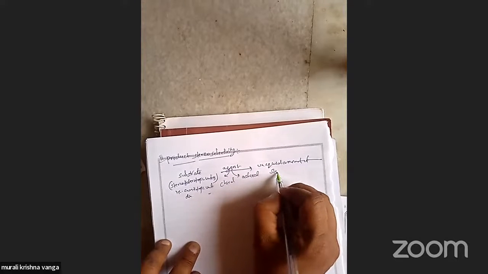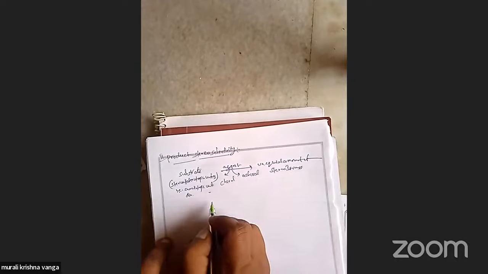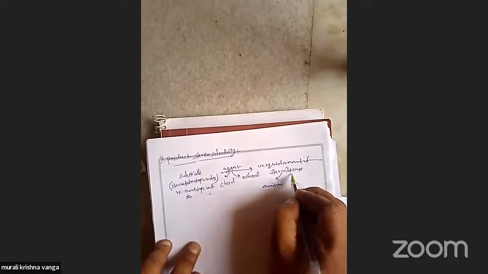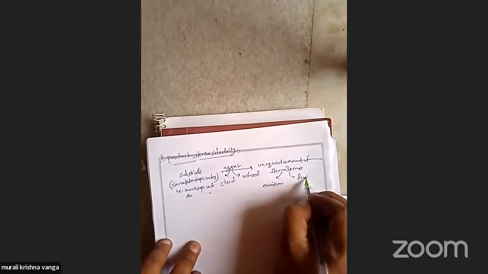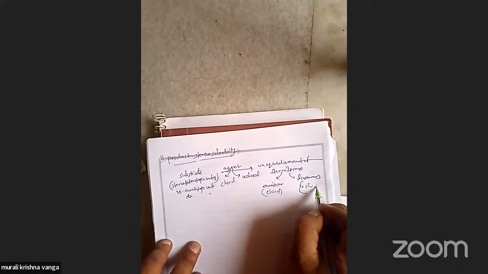These are called enantiomers or diastereomers. All enantiomers are chiral. Diastereomers may be chiral or achiral.